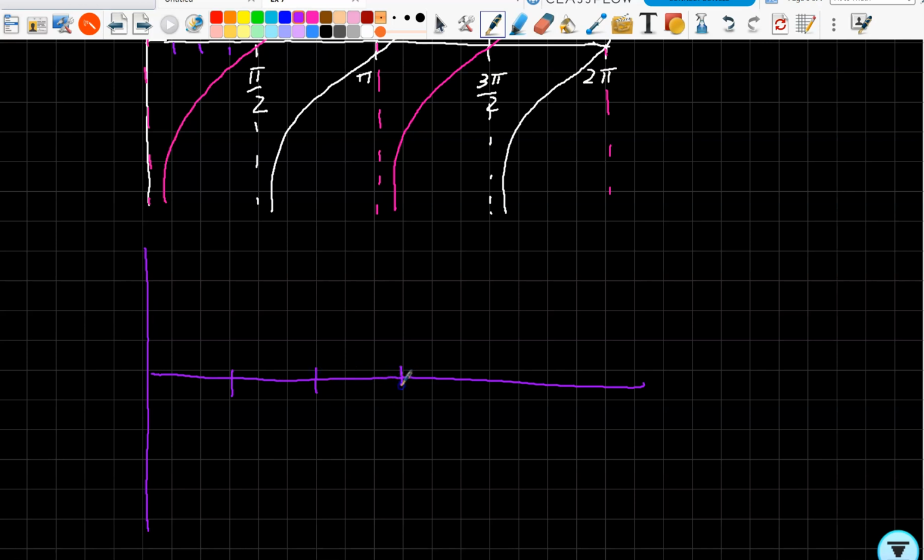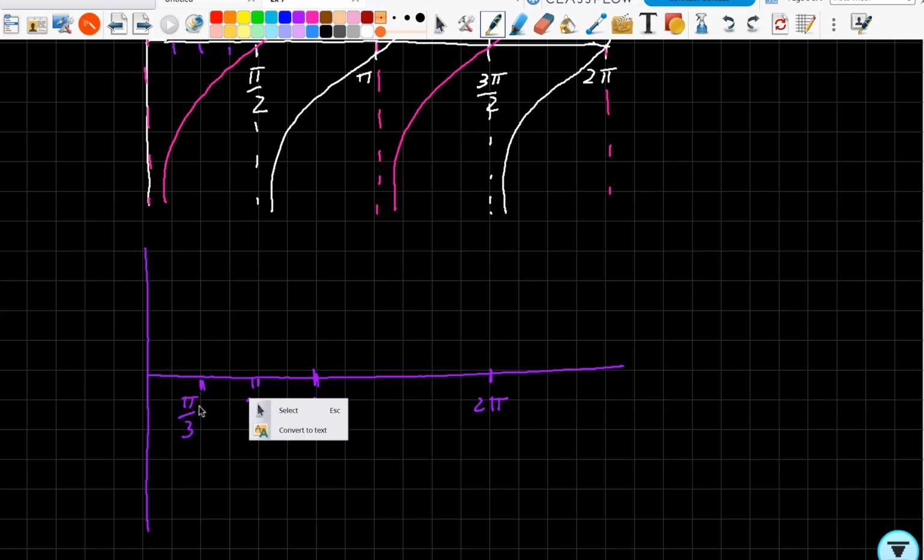That's 6. So 2, 4, 6: that's going to be my 2 pi, and 2, 4 is going to be my pi. So now each one of these will be pi on 6, and this will be pi on 3.